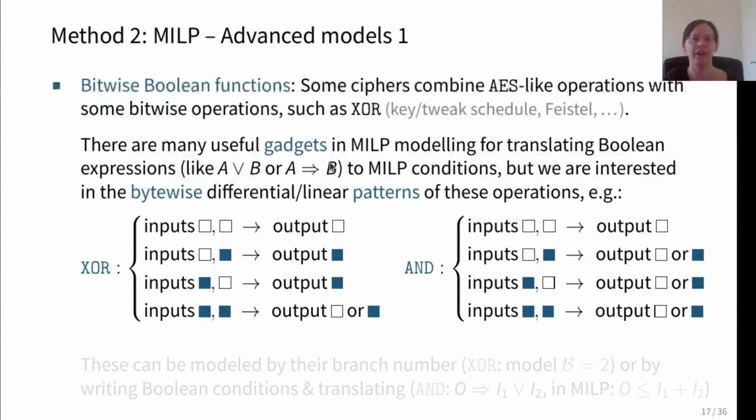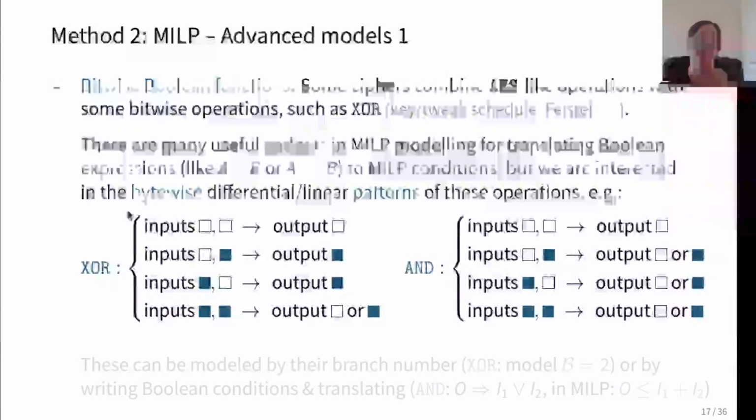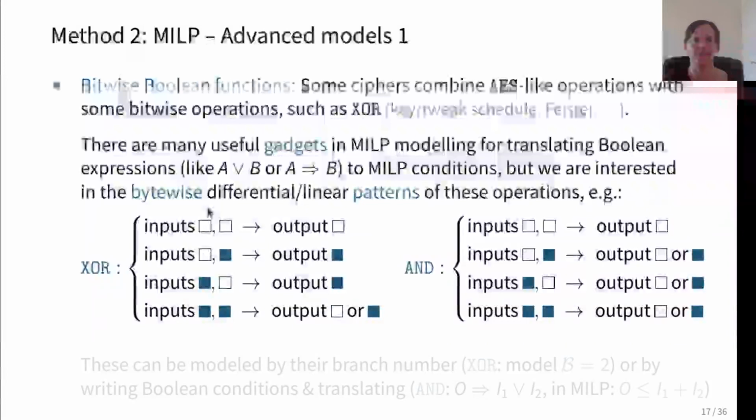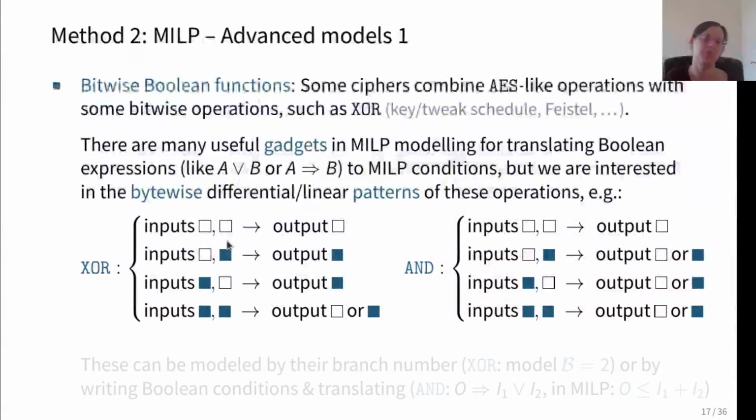However, we don't really want to directly translate these Boolean expressions. Instead, we want to describe the behavior of differential patterns, which is not the same thing. So for example, if you look at an XOR, so you say you have 2 input cells, like bytes in case of AES, and 1 output that is computed as the XOR of these 2, which patterns are possible?